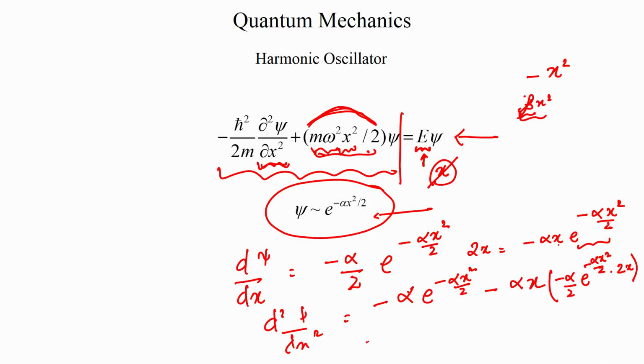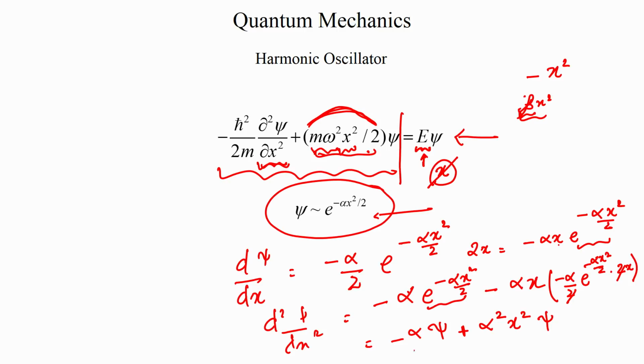So, this is going to be a minus alpha. So, let us call this psi, because that is what our wave function is. So, it will be minus, and you have a minus and minus here that would end up being a plus alpha square x square psi.